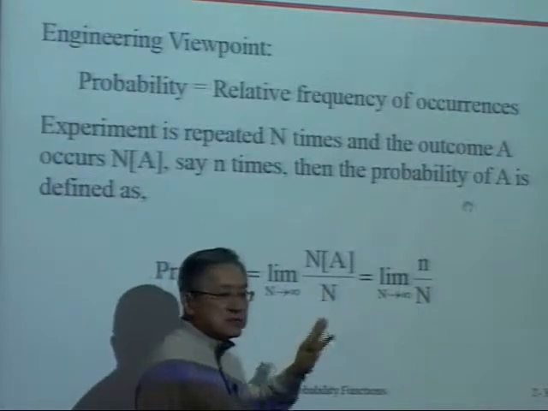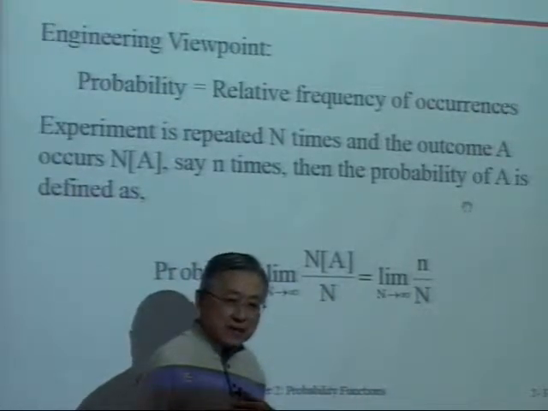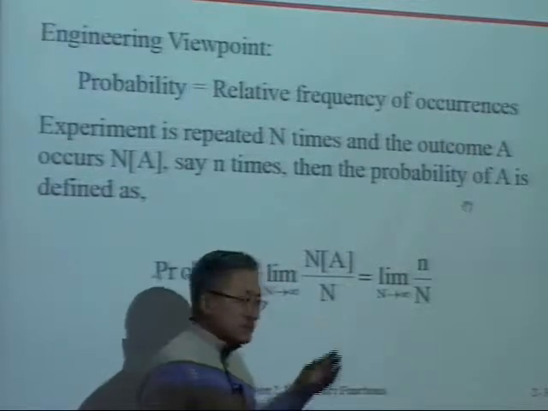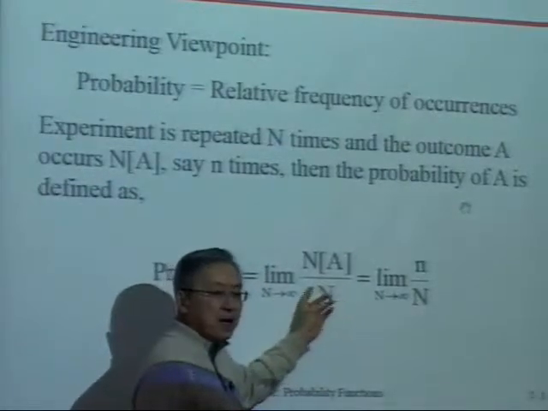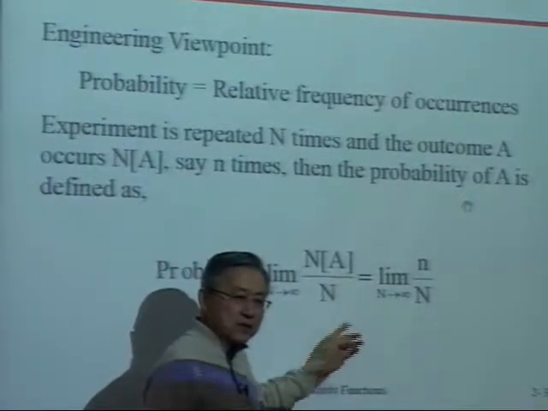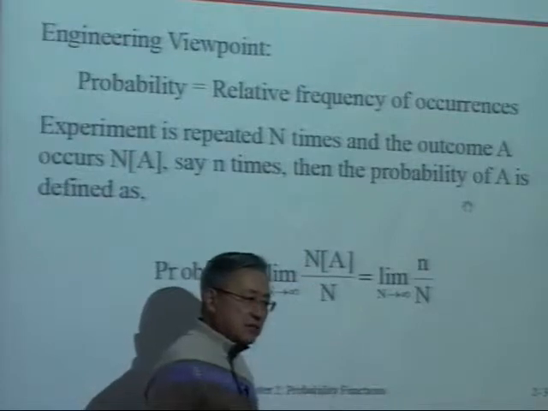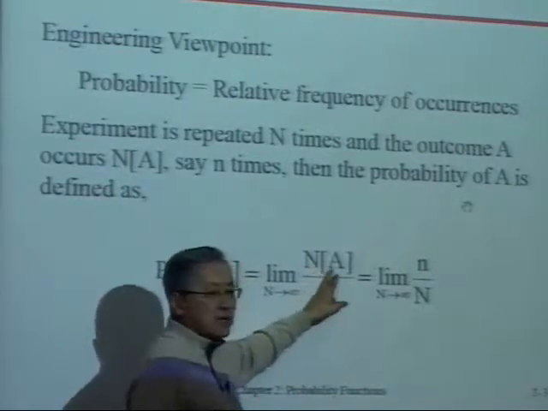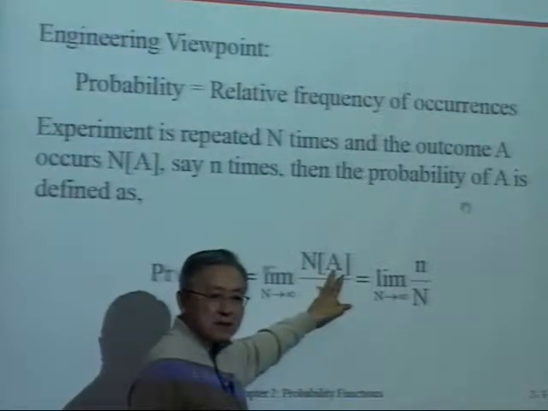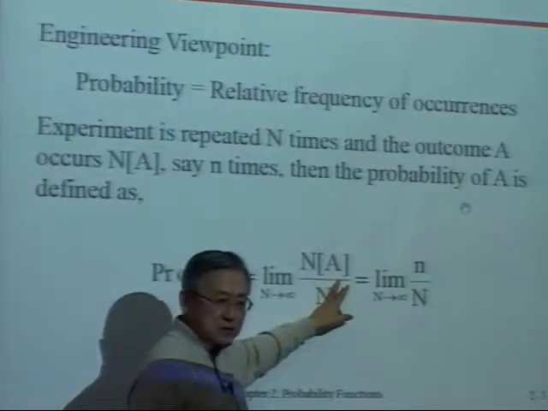Then N is the total number of trials, okay? So it could be 100, 200, 300, approaching infinity for the exact sense, okay? What's N_A? The number of times event A occurs, right?